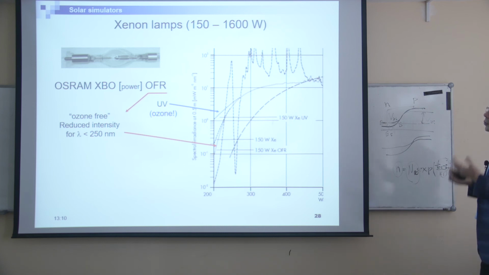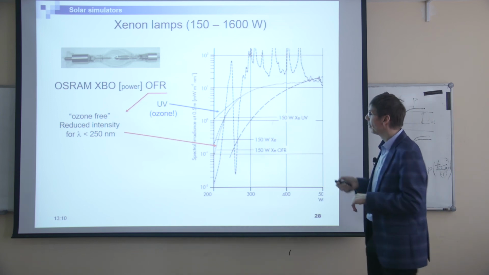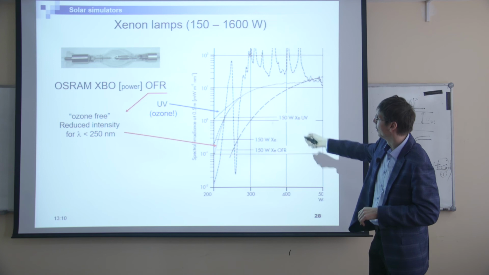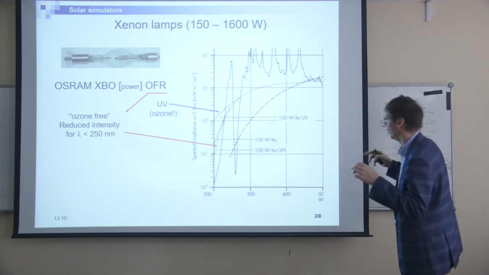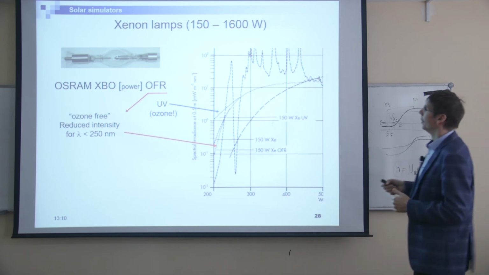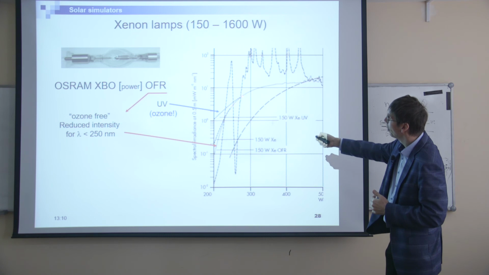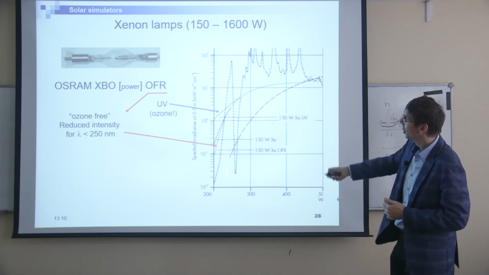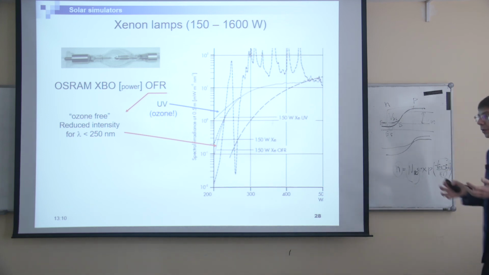It would be better to use a so-called ozone-free lamp. Here is the spectrum of a UV enhanced xenon lamp. It has a high intensity in the short wavelength range, and actually it produces ozone.